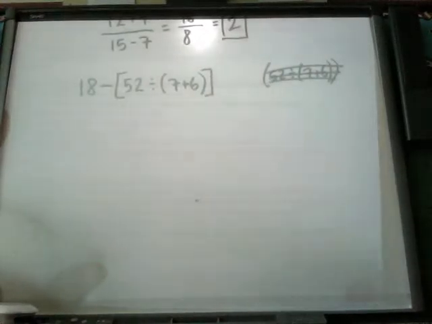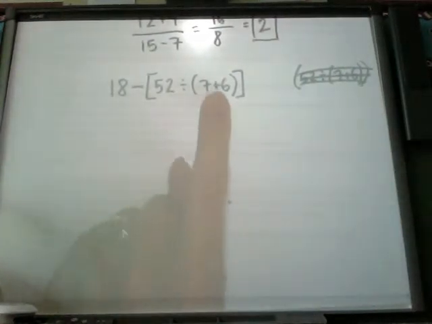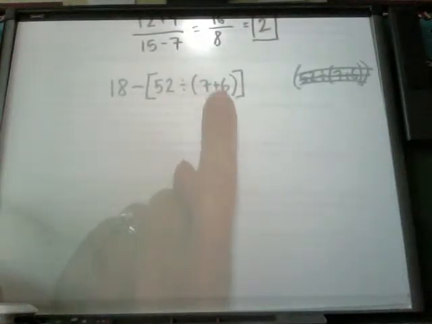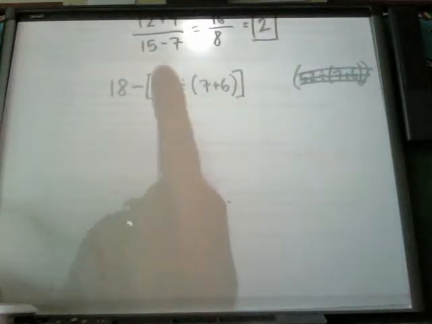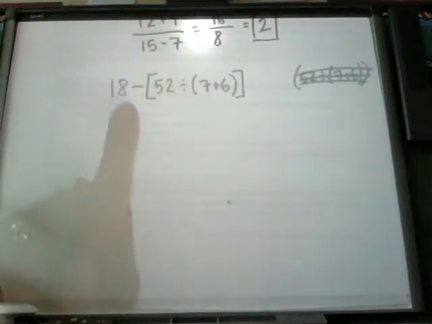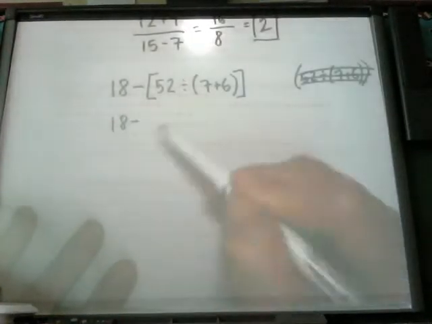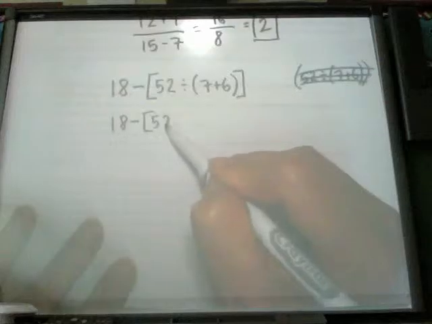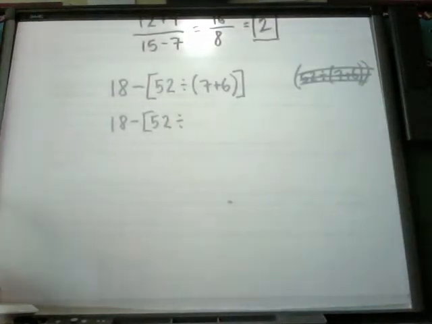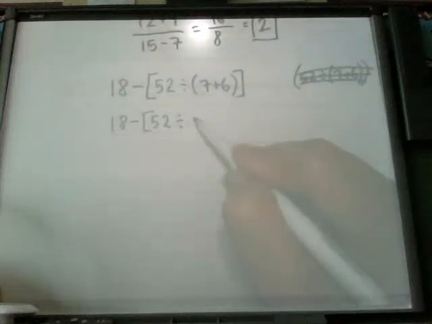Now, here's the idea. When there's double groups, you go to the innermost one first, which means that you're going to be starting generally with the basic parentheses. Then you go to this group. Very last will be this 18 minus. So here's how I want you to do it. Copy everything down that hasn't changed. Don't try to do it all at once. That's when people make mistakes. Even the smartest math people can make mistakes that way. 7 plus 6 is the only thing that's changed.